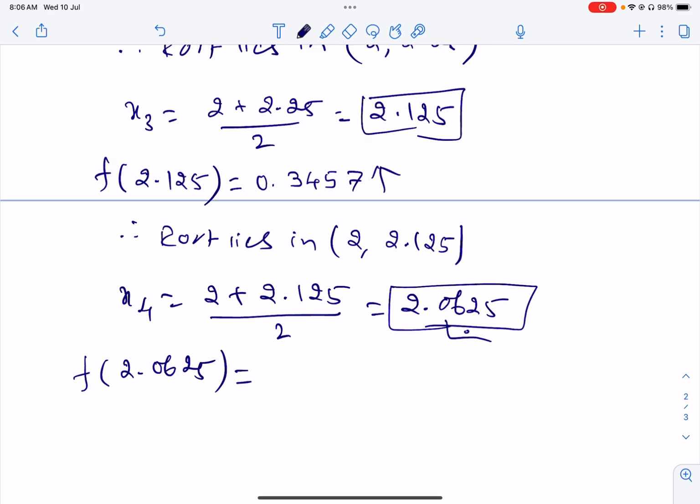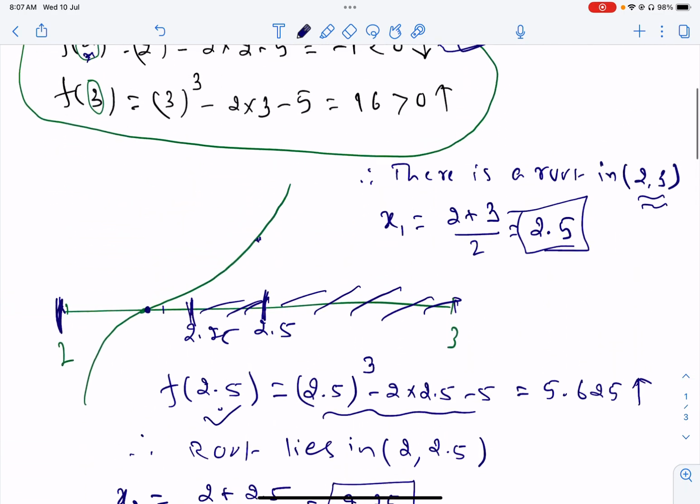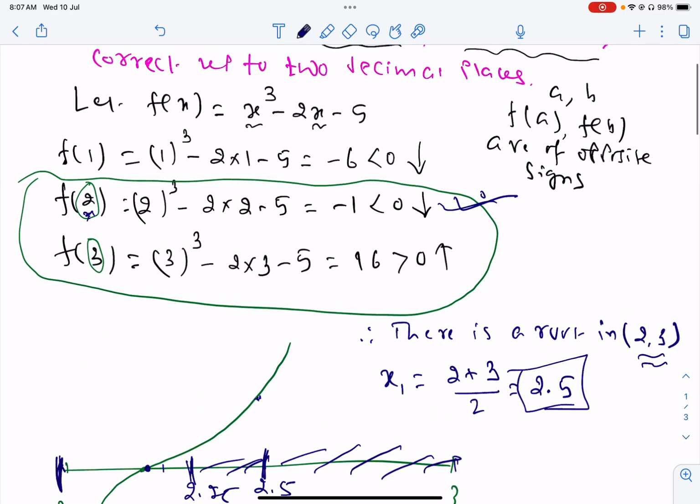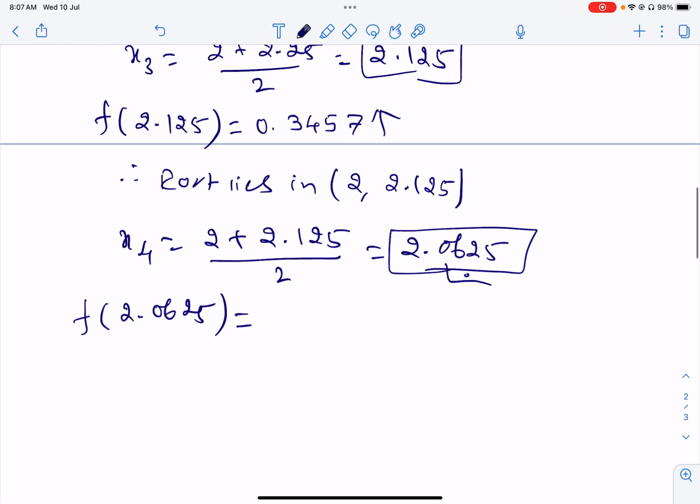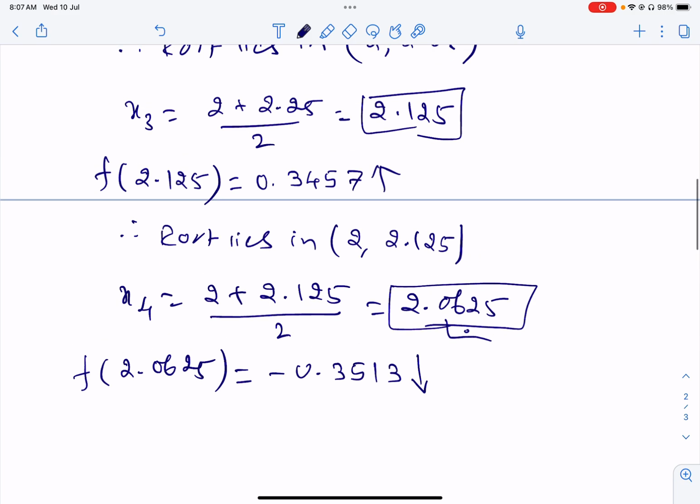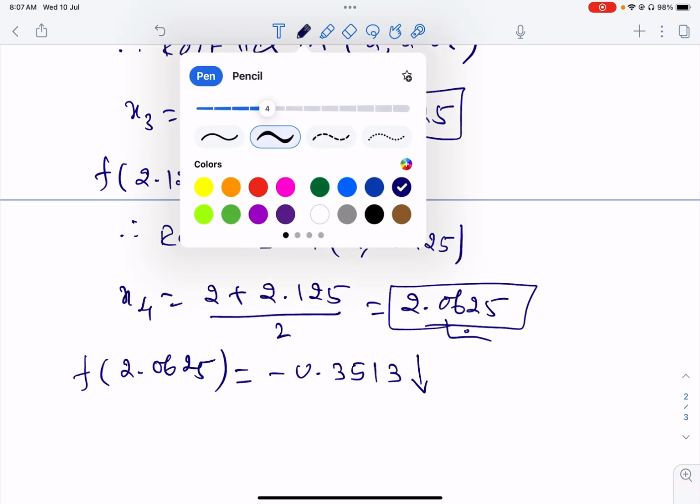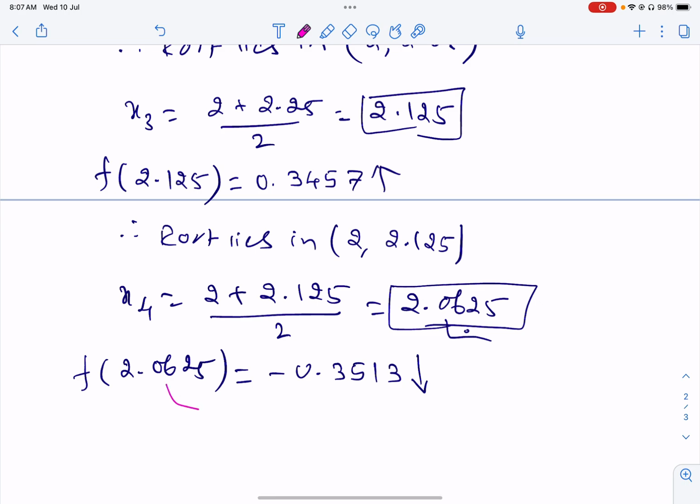Use the calculator: 2.0625 cube minus 2 into 2.0625 minus 5, and you will find minus 0.3513, and that is negative.